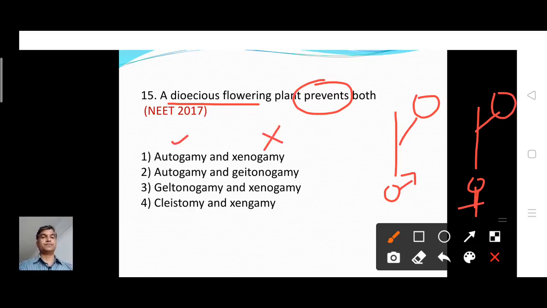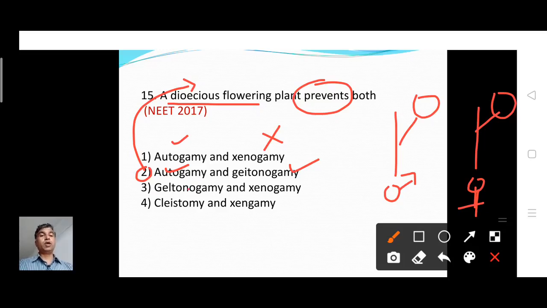Xenogamy will definitely happen. Second one is autogamy and geitonogamy. Yes, autogamy can be prevented, geitonogamy can be prevented. In unisexual flower, it is always xenogamy. In dioecious plant, second, autogamy and geitonogamy both are prevented.